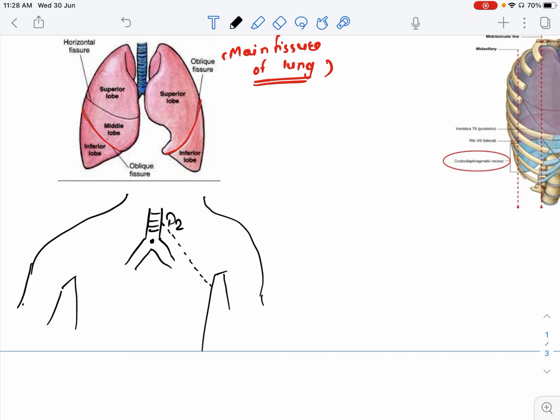As it runs along the fifth rib, it crosses the lateral aspect and it comes down anteriorly. So anterior part we can see in this above diagram. So from posterior side, it runs from the second dorsal vertebra along the fifth rib, then it comes anteriorly and it runs along the sixth rib.